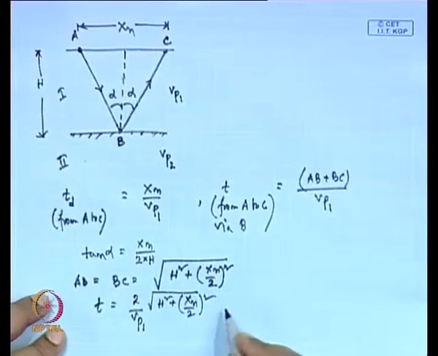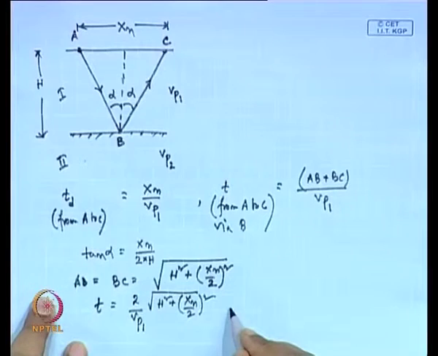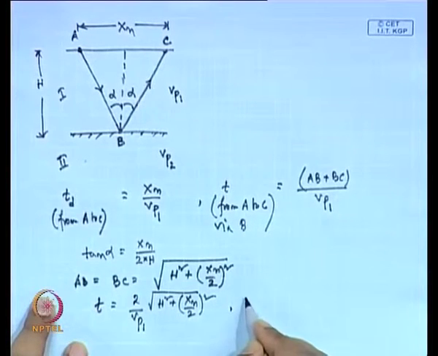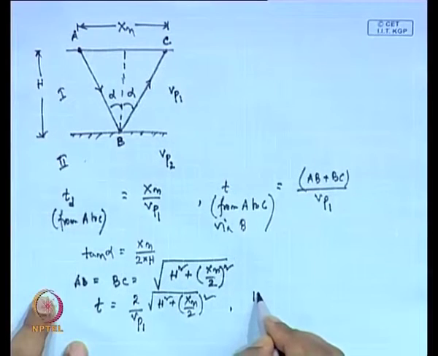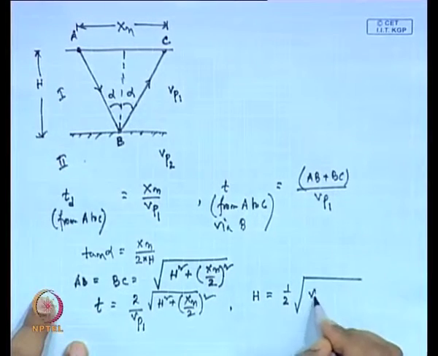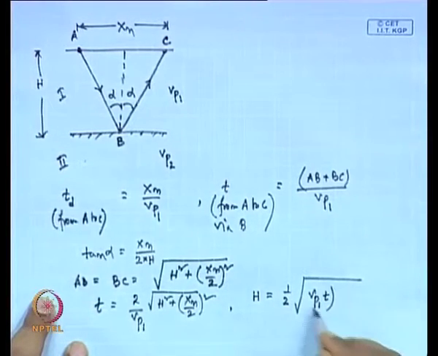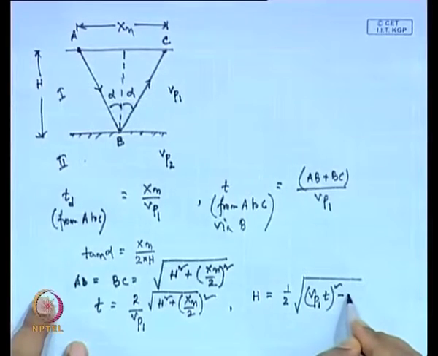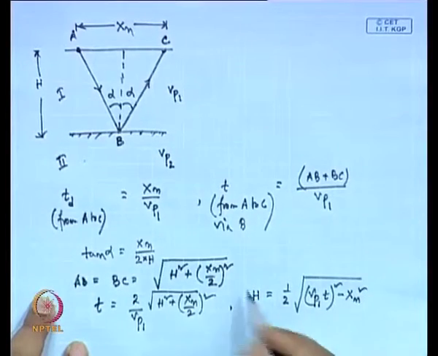Now, further simplifying this expression, you will get the expression of h in this form, that is root over V p 1 t square minus x n square.